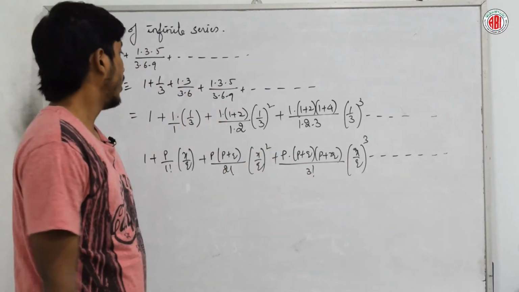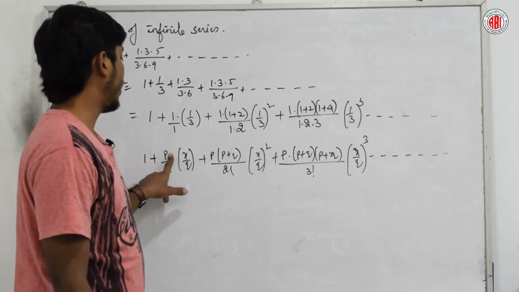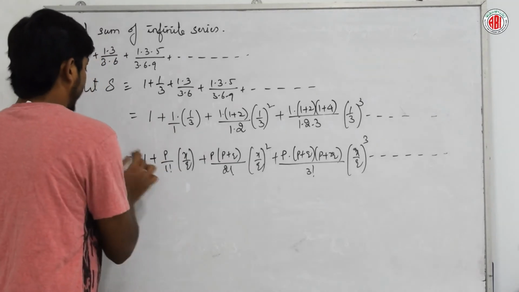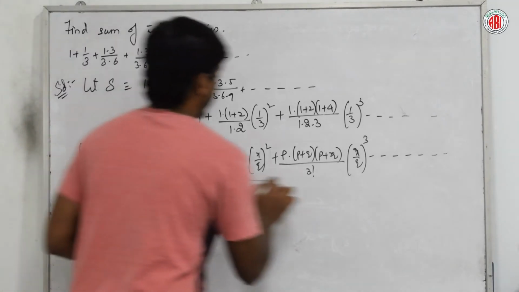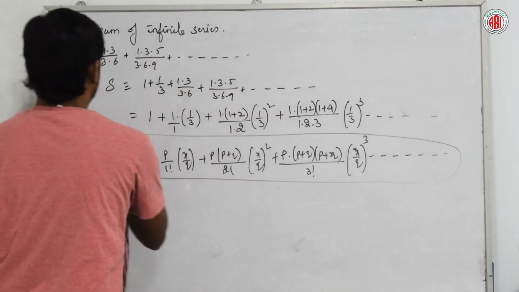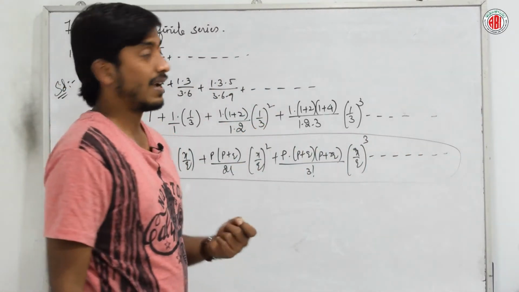Is it right? Now just tell me, what is the value of p here? First of all, what is this formula? 1 minus x whole power minus p by q. Is it right? Now just compare.